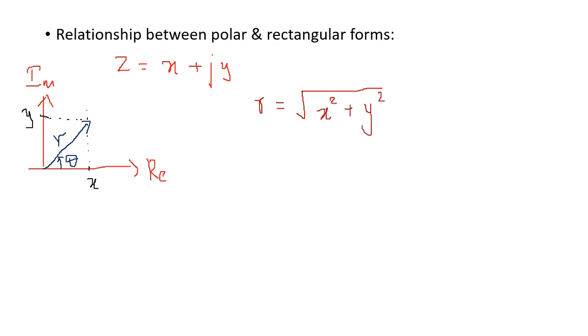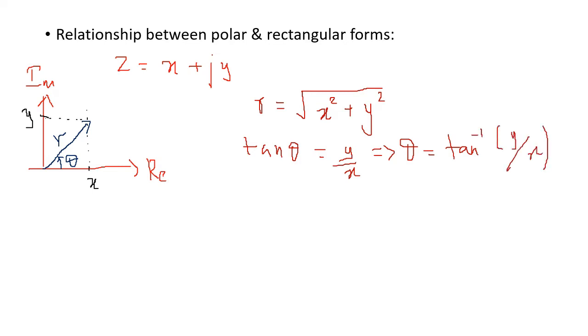Now we can also find tan theta. The tan theta will be y over x. From this we can take out theta. The theta will be tan inverse of y over x.